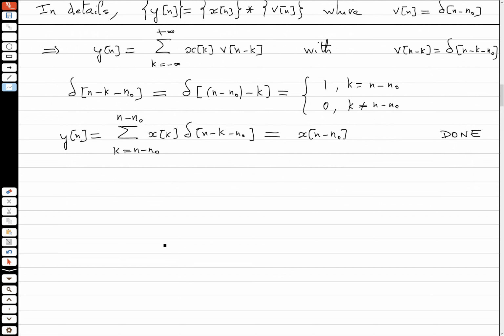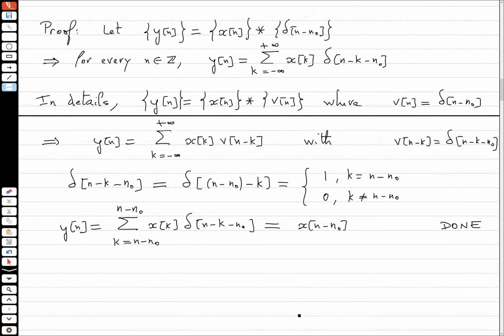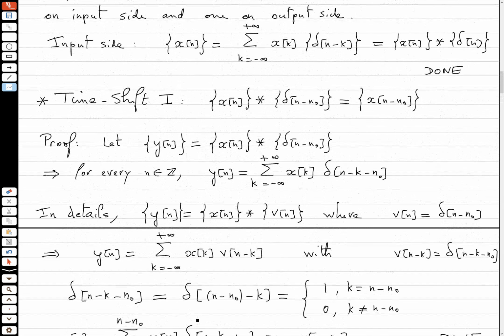All right. This is time shift 1. Now you're going to say, well, didn't we see previously a formula similar to this, except that we didn't have convolution, we had multiplication? Remember? So let's recapitulate what we saw before and what we are seeing now. What's the difference?